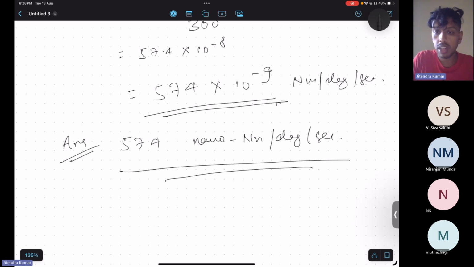So some of you have been getting 574. Yes, Siva has got the same answer, 574 nanonewton meter per degree, but that is not the range provided by NPTEL, right? So that's an issue.